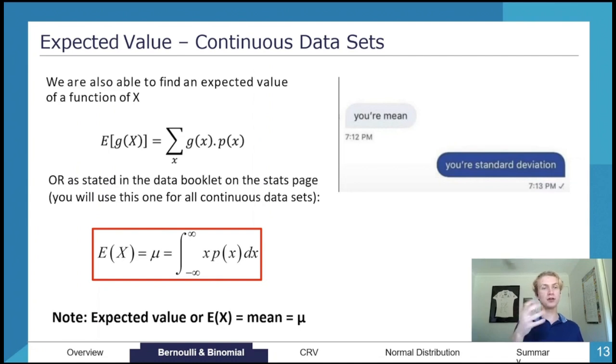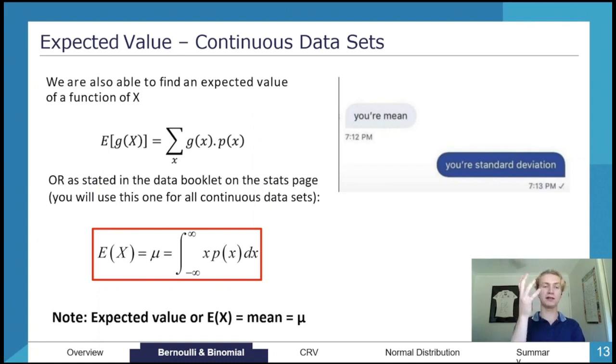If we were given a function that described this, we would integrate that function between 1.6 and 1.8 if it was in meters. And what we would find is the probability that we would find a student between those two heights. It's a really interesting function.